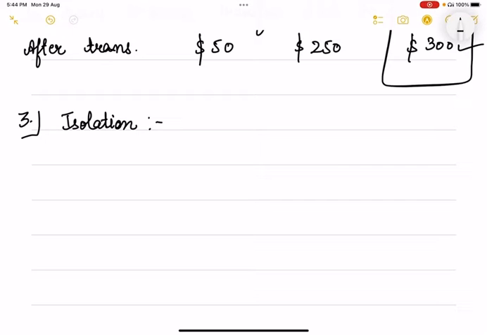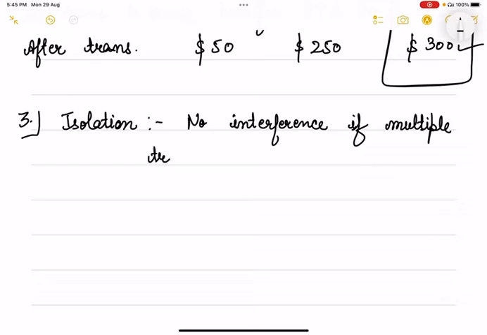Isolation says that there is no interference if multiple transactions are occurring or running.